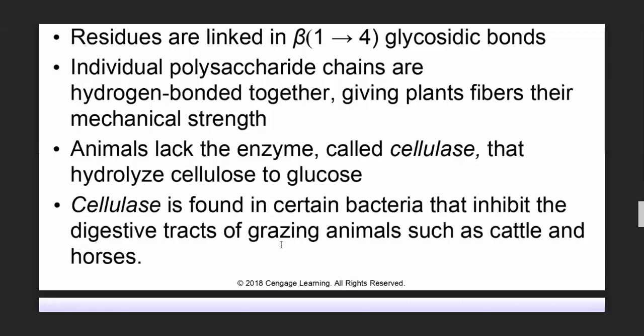Even though animals cannot digest cellulose, this polymer still plays an important role as a component of dietary fiber. It stimulates the peristaltic action and thus helps move the digested food through the intestine.